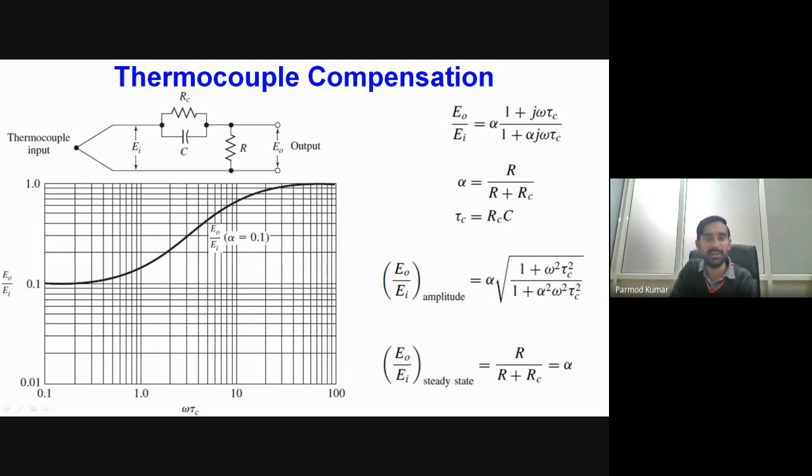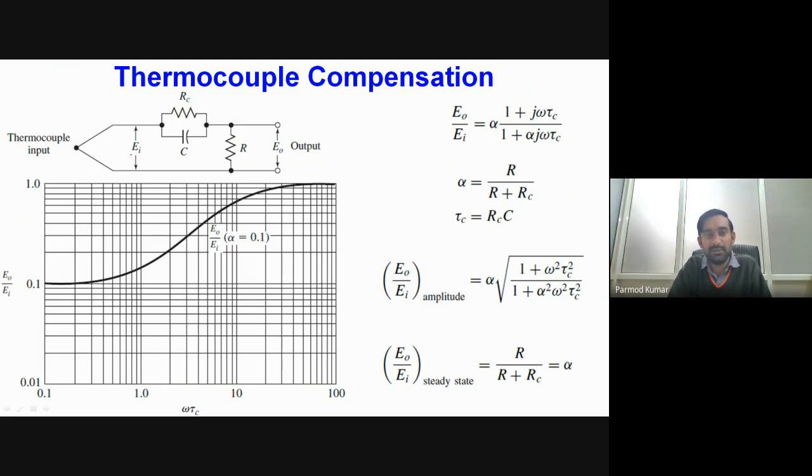This compensation network is based on resistance, and it has a completely opposite effect to that of the thermal inertia of the system. If we use this thermocouple compensation circuit, then the frequency response of the complete unit becomes faster.